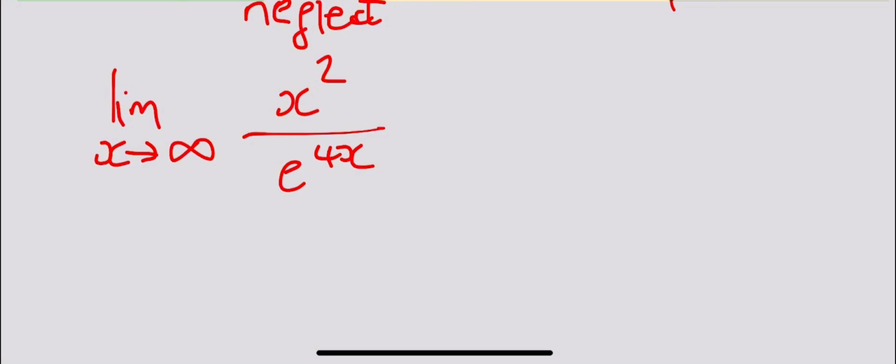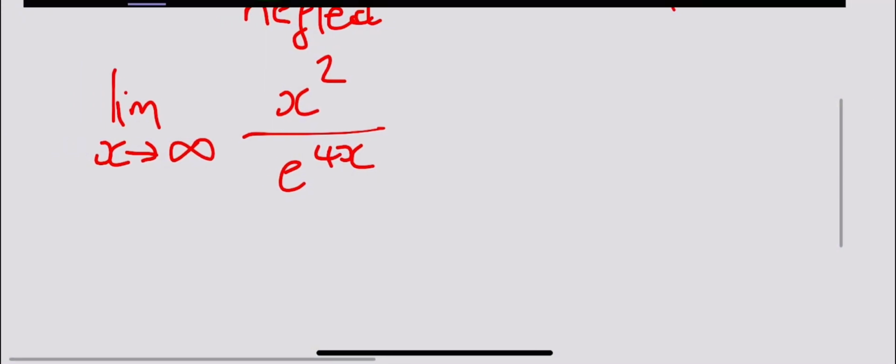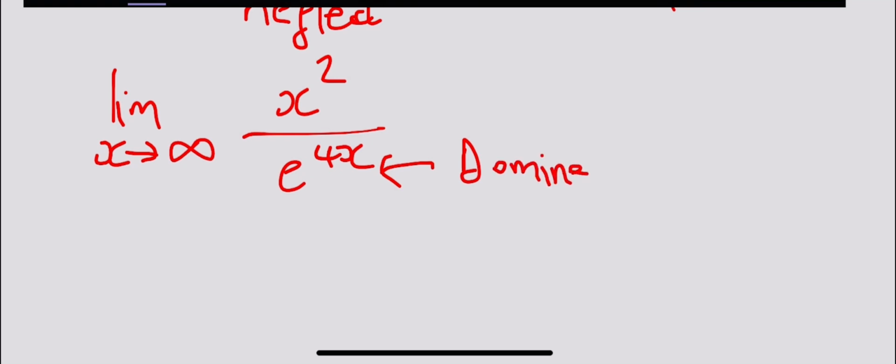Now, for the simplification, consider the growth rates. x squared grows polynomially, we said it, while e to the 4x grows exponentially, right? The exponential function dominates the polynomial function as x approaches infinity. e to the 4x will dominate x squared when it comes to increasing.